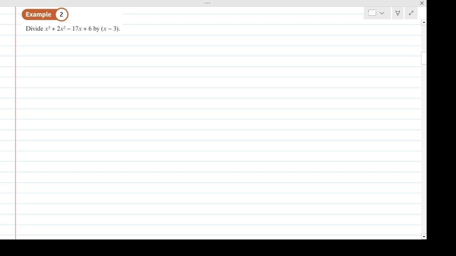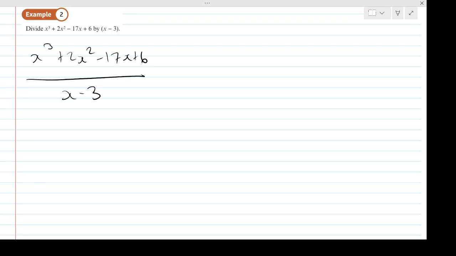Okay, so we want to divide x cubed plus 2x squared minus 17x plus 6 by x minus 3. In other words, this is saying x cubed plus 2x squared minus 17x plus 6 over x minus 3. We set it up in a very similar style to how we do division for normal numbers.